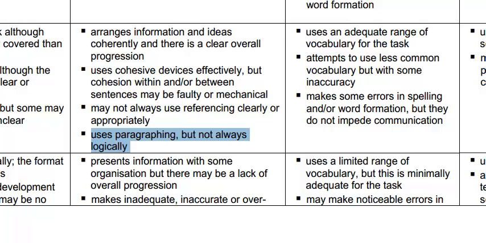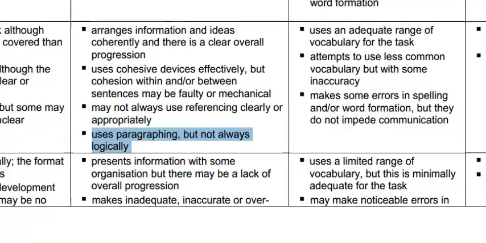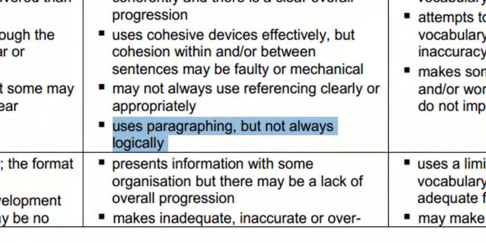And then the rest of the paragraph extends and develops this one main idea. In band score 6, you might have a topic sentence, and you may have divided your ideas into paragraphs, but there may be some ideas that would be better in a previous paragraph or a subsequent paragraph. They don't really match with the topic sentence.